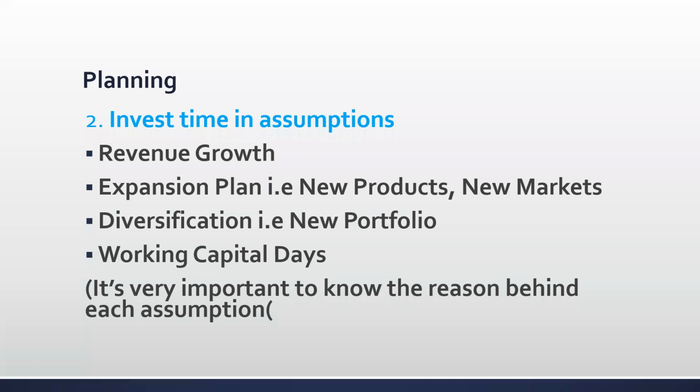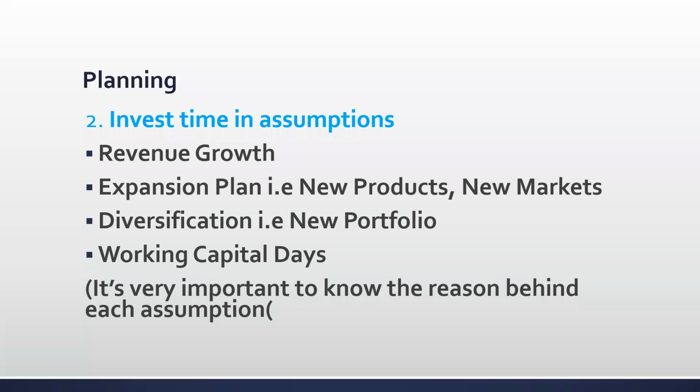This means that you will be projecting the financial position or financial performance of that particular organization for the following years. So you have to assume certain figures or percentages, like the revenue growth, and you have to assume what the expansion plans are. For example, they will be introducing new product lineups, or they will be entering into new markets.